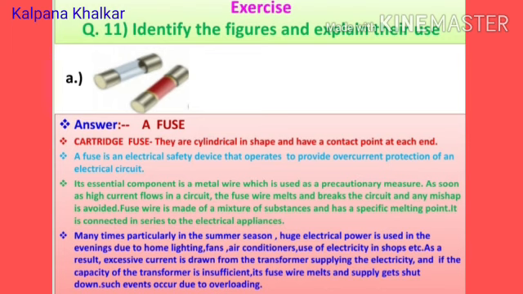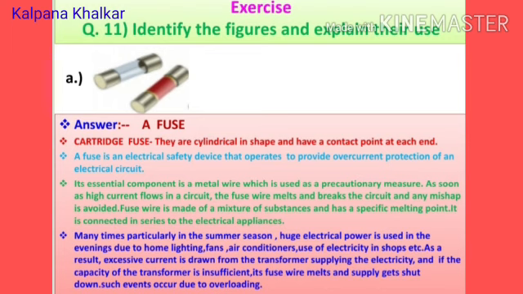Its essential component is a metal wire which is used as a precautionary measure. As soon as high current flows in a circuit, the fuse wire melts and breaks the circuit and any mishap is avoided. Fuse wire is made of a mixture of substances and has a specific melting point.